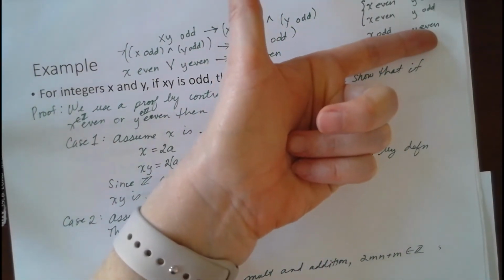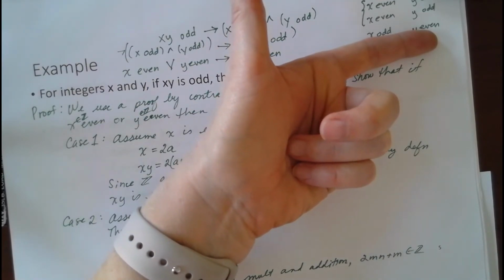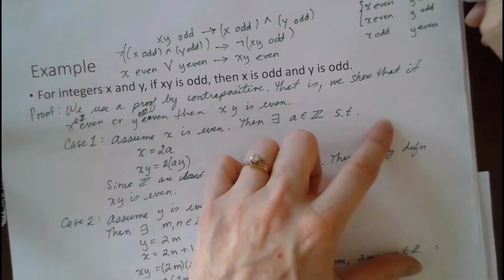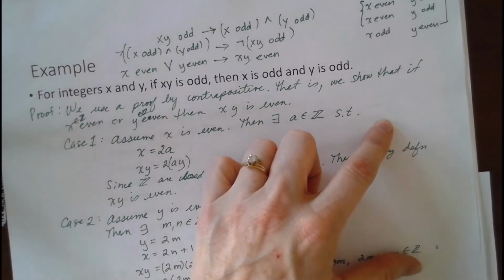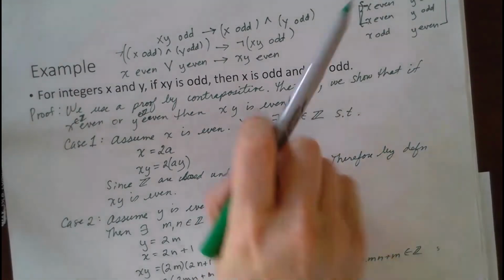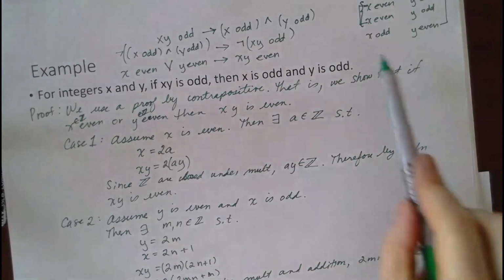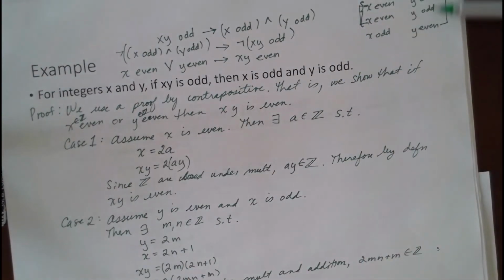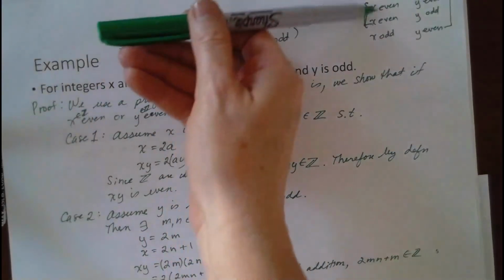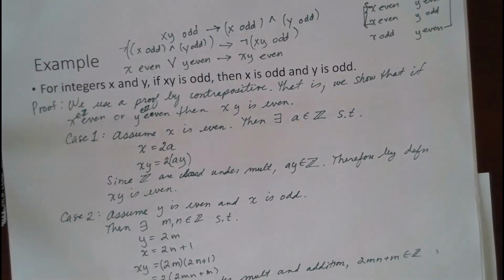It would be the same proof but replacing x and y. So this one is y is even, these two is x is even, and the proof would look exactly the same way as this one, just replacing x and y. So rather than making this third case, I would group these two together and say y is even, who cares about x? The other case is x is even, who cares about y? And so I can reduce that all to one general case, just x is even, be done with it.